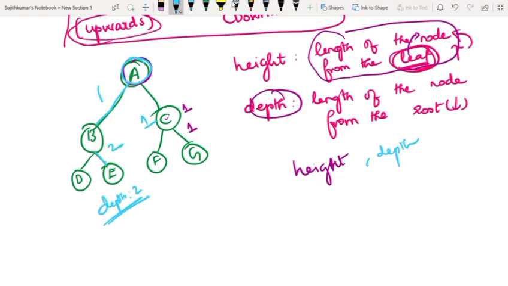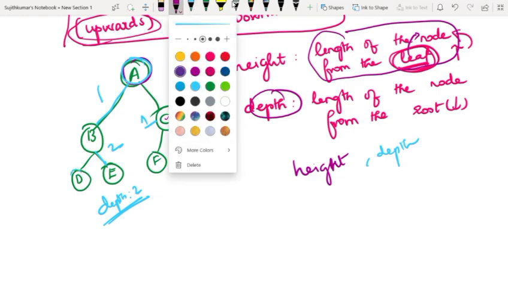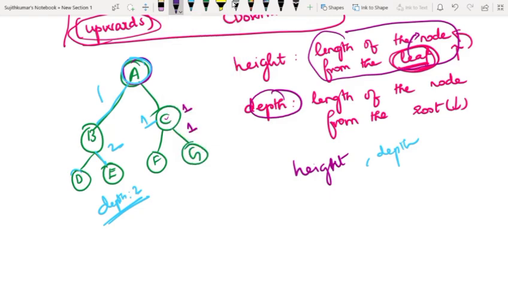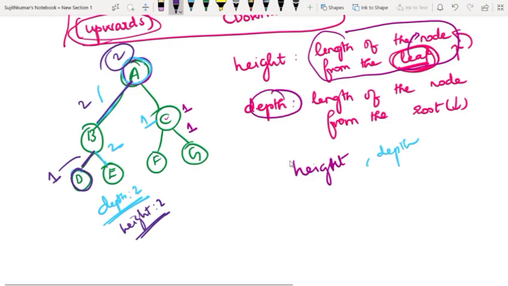And for height, I have to go from below. I select a leaf; all the leaves are at the same level, so you can select any leaf. So 1, 2, and I am reaching the root node, so height is also 2.